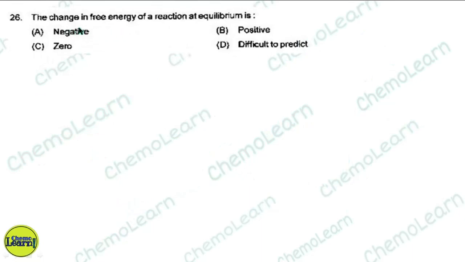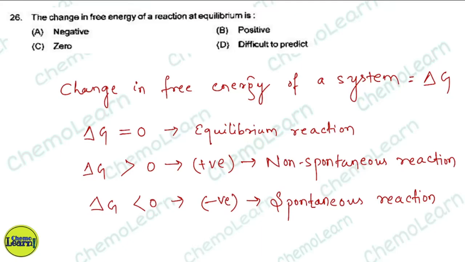The change in free energy of a reaction at equilibrium is negative, positive, zero or difficult to predict. So from thermodynamics, you know the change in free energy of a system is denoted by delta G. When delta G equals 0, that is an equilibrium system or a reaction at equilibrium.